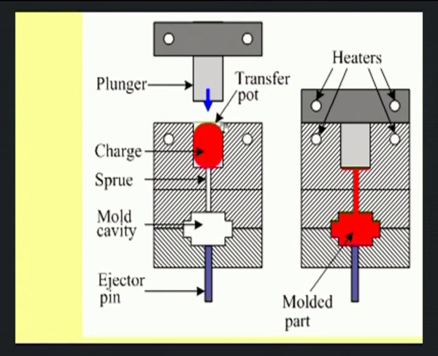Once the material becomes soft, this plunger moves down, and in the process it will squeeze out the resin through this sprue, and the mold cavity gets filled up. Because it is in contact with the cold surface, this will solidify and then the molded product can be ejected. Of course, the molded product will also come along with the sprue, which has to be trimmed.